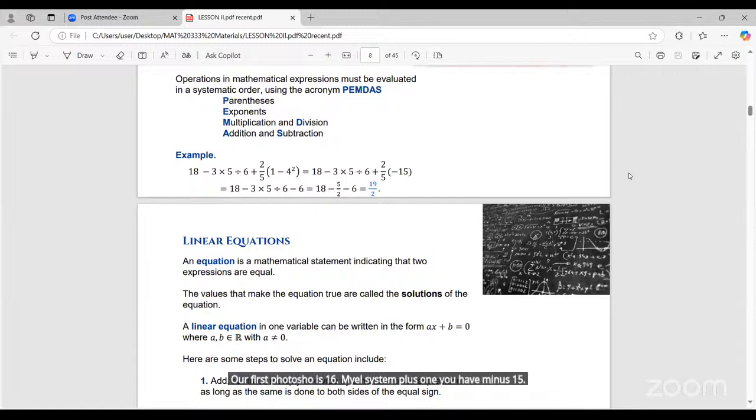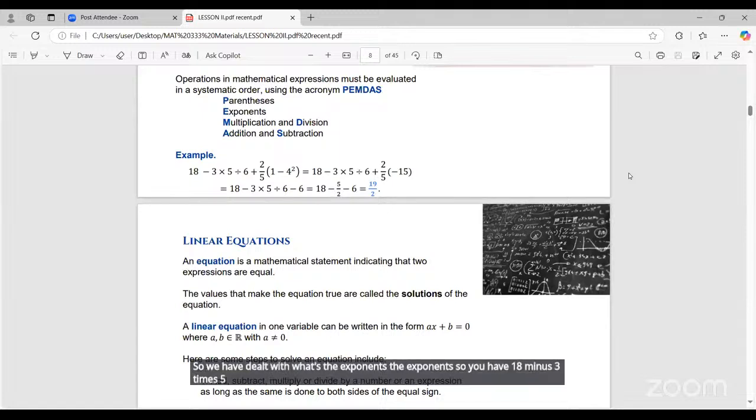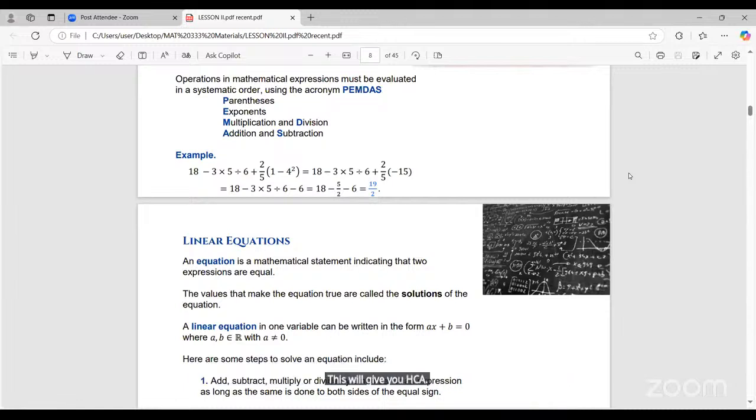So we have dealt with the exponents there. So you have 18 minus 3 times 5 divided by 6 minus 6.